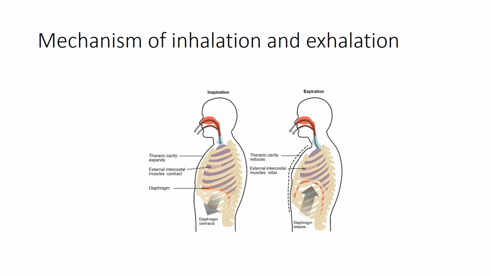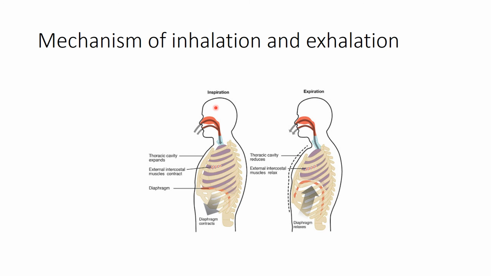So what is the mechanism of inhalation and exhalation? This is again a very important topic. You should know what happens when we breathe in, and what happens when we breathe out. The process of breathing in is known as inhalation or inspiration, and the process of breathing out is known as exhalation or expiration.